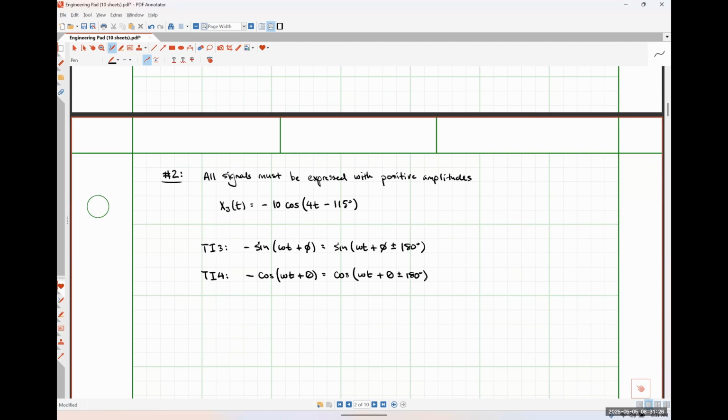So to convert this signal x3 from negative cosine 4t minus 115 degrees, I could have positive 10 cosine 4t and then negative 115 plus 180 is going to give me, I think, positive 65 degrees if my mental math is correct.